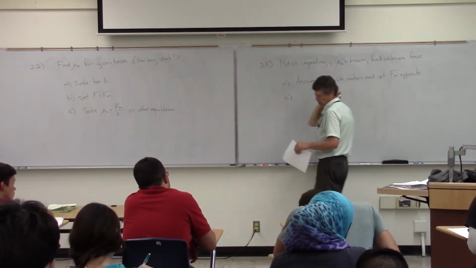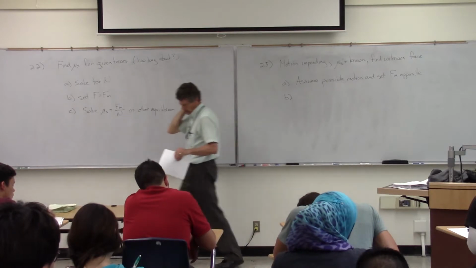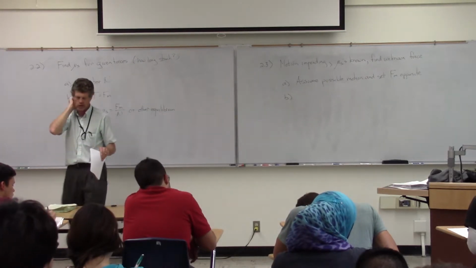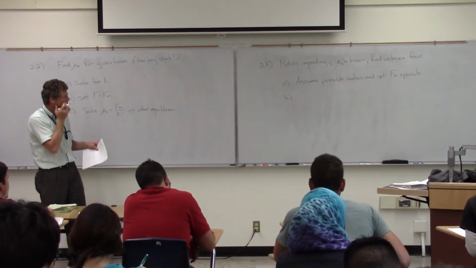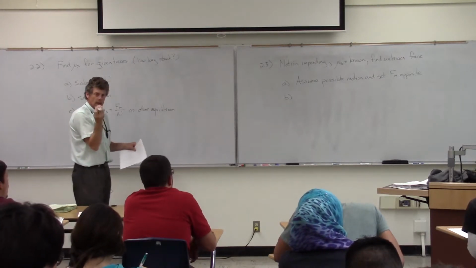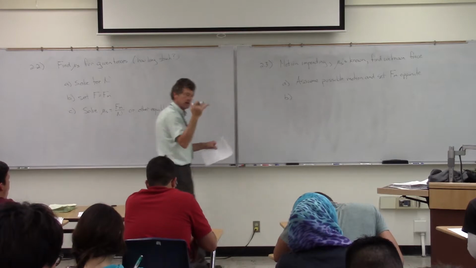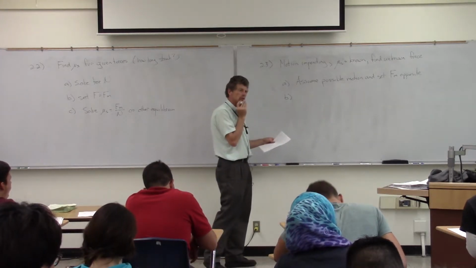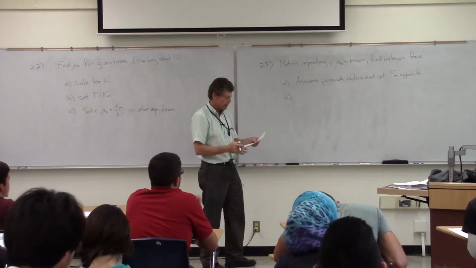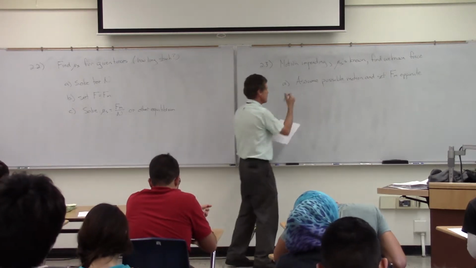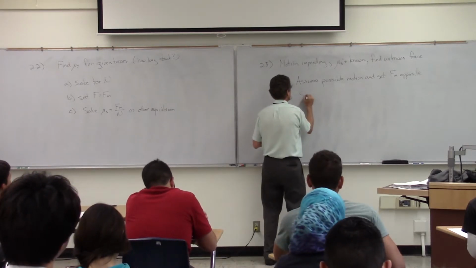This is probably the trickiest part of this particular thing, that we're going to have to assume a motion. Usually it's pretty easy. If the force is pushing one way, you're going to know it's going that way. Then we have to be very careful to set that F of M in the opposite sense. It will work if you set it in the other sense, but it won't give you the correct answer. So you need to make sure that's the correct sense.